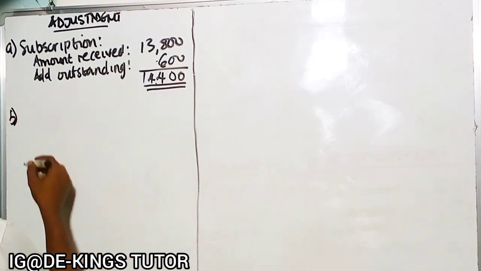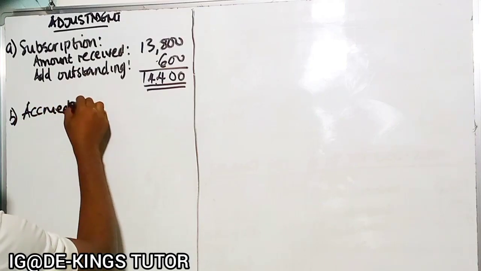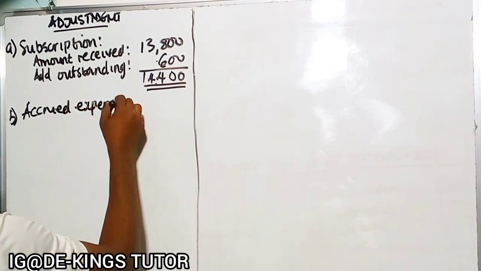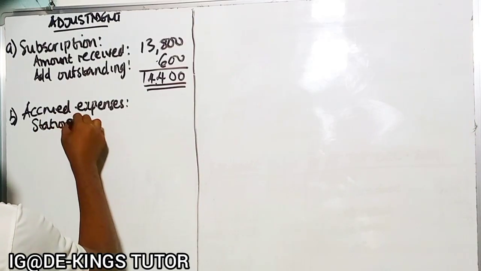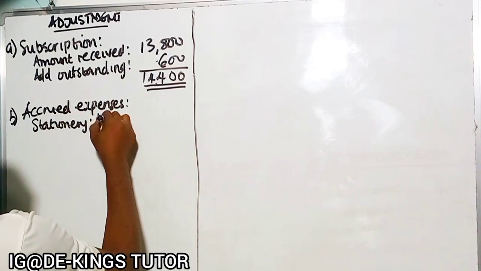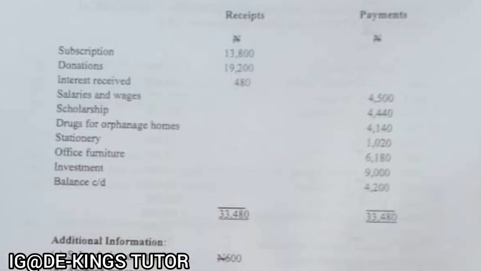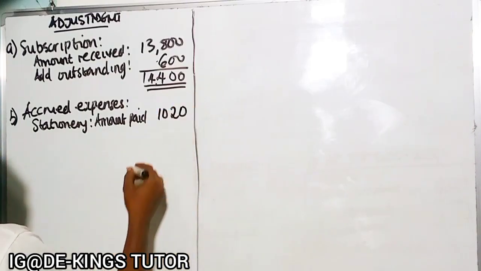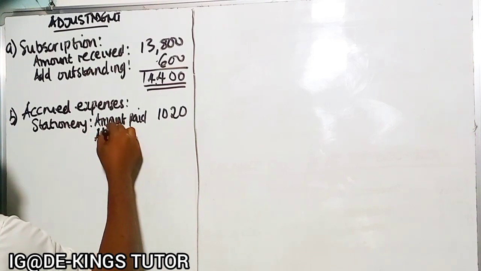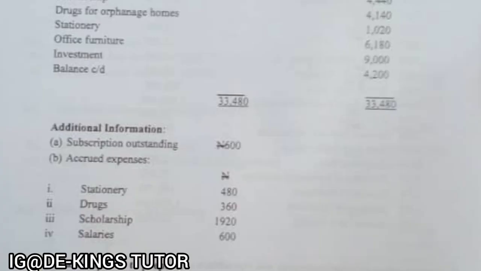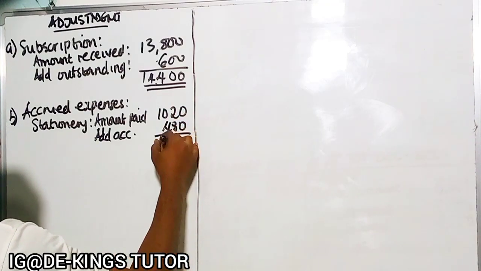Then B, they said accrued expenses. The following expenses are accrued. The first one is stationery. Let's see the amount that was paid. How much is it? The amount paid is 1,020. Then add accrued from additional information. Accrued is 480. So if I add up, this is 0, this is 0, this is 5, this is 1.